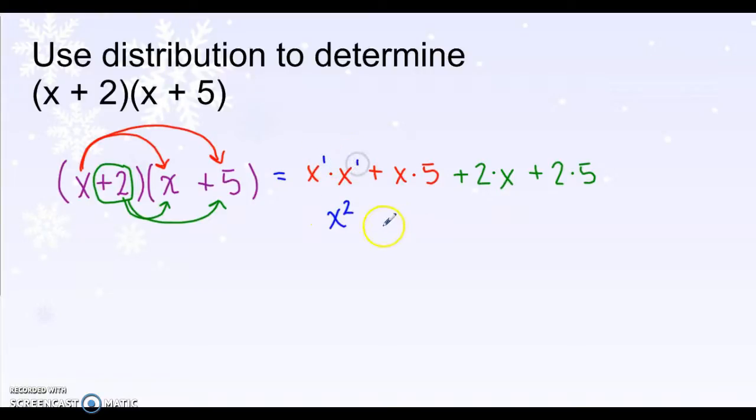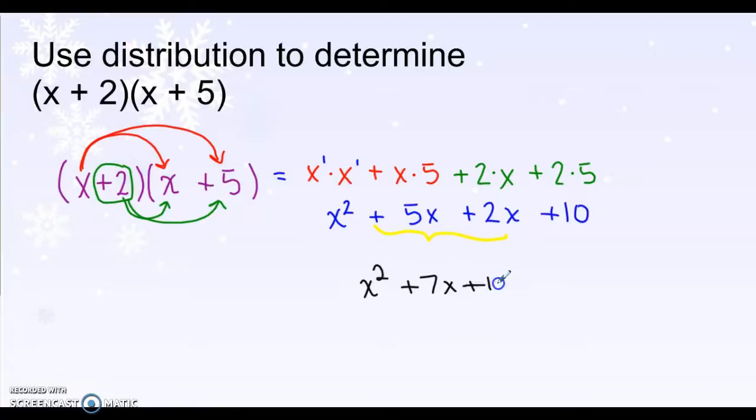Since we add our exponents, we have 5x and a 2x and 10. Then we're looking for like terms, and these two in the middle are the like terms. Our final answer is x squared plus 7x plus 10.